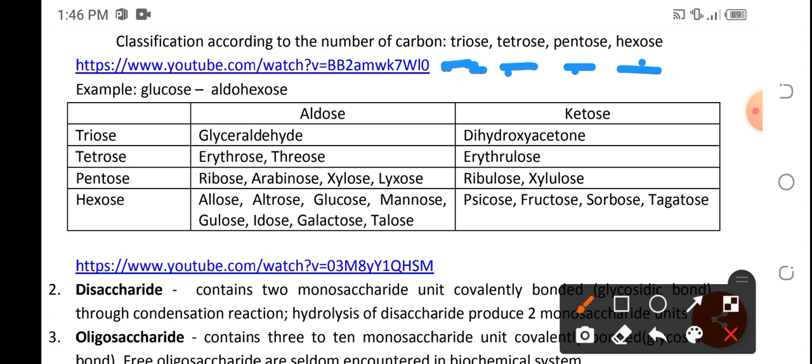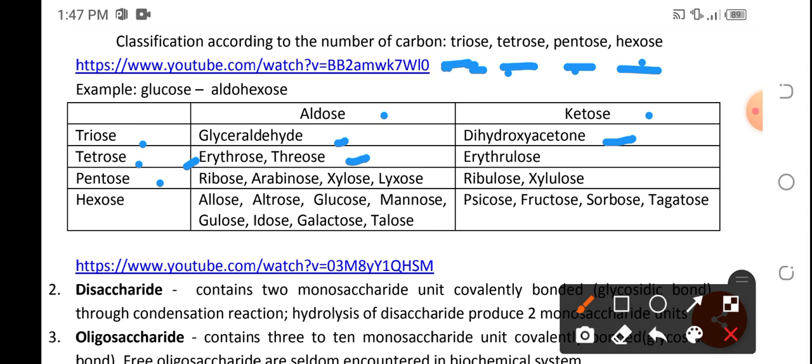Sa monosaccharide, so we have here the list of monosaccharides. So we have a triose, may dalawa lang klase. These are glyceraldehyde and dihydroxyacetone. Glyceraldehyde is an aldose, and dihydroxyacetone is a ketose. The tetroses are erythrose and threose. For ketose naman ay erythrulose.